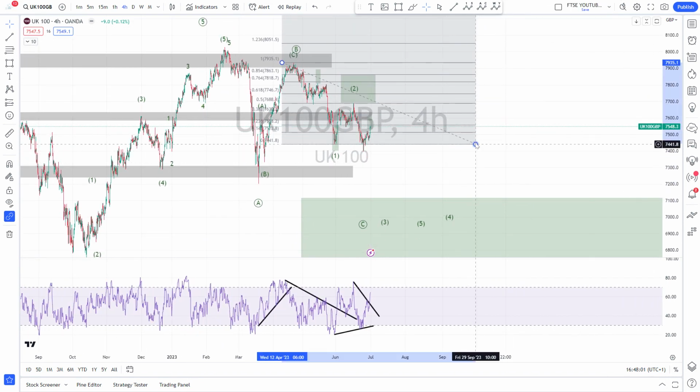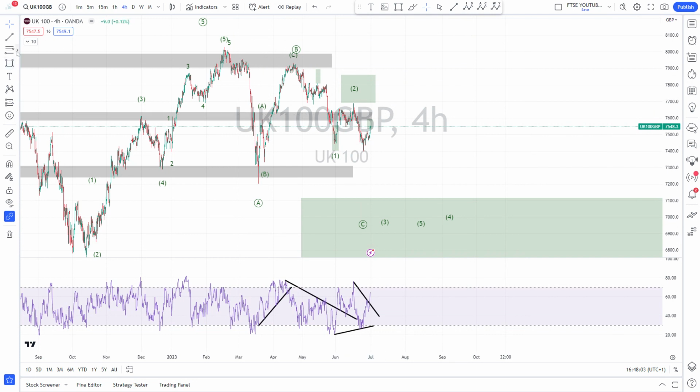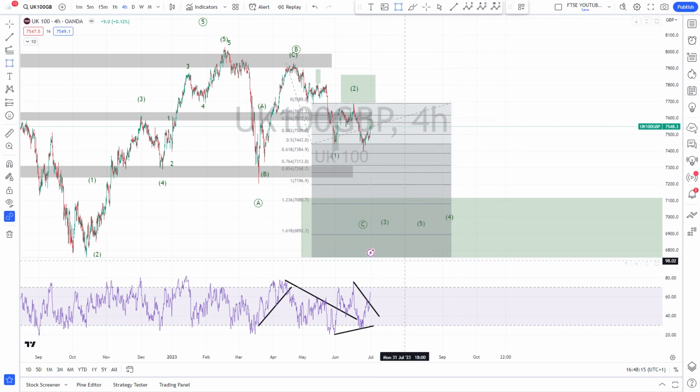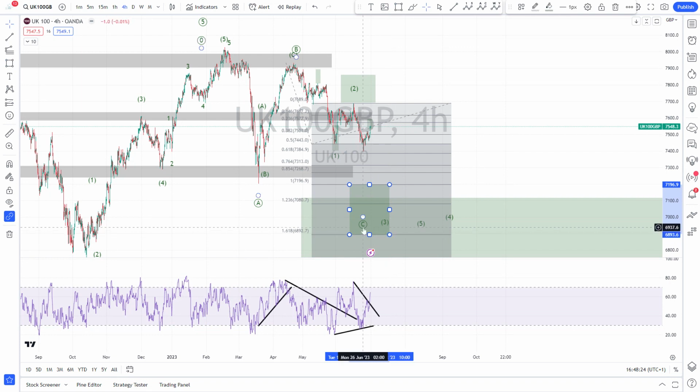And actually, we can already calculate the target for this wave 3. If you take the length of wave 1, the length of wave 2, then where our wave 3 should end is the area between the 1 and the 1.618 extension.